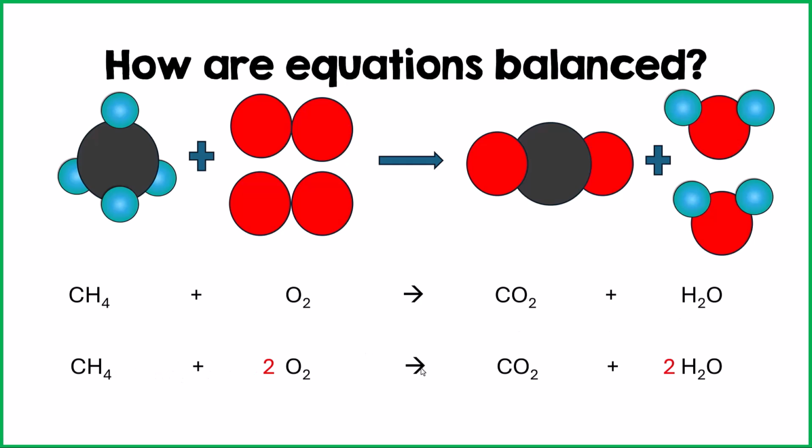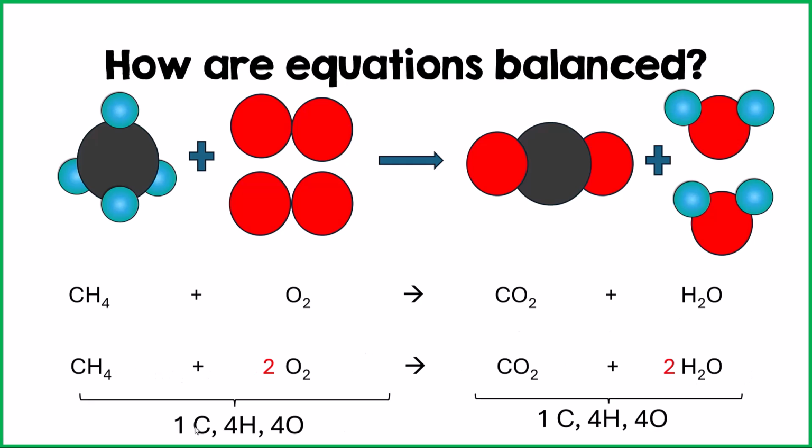So this is our balanced equation because we now have 1 carbon atom, 4 hydrogen atoms, and 4 oxygen atoms on the reactant side of the equation, and 1 carbon atom, 4 hydrogen atoms, and 4 oxygen atoms on the product side. The coefficients in front of molecules with none shown are simply understood as a 1.